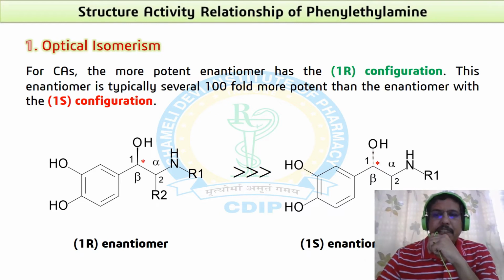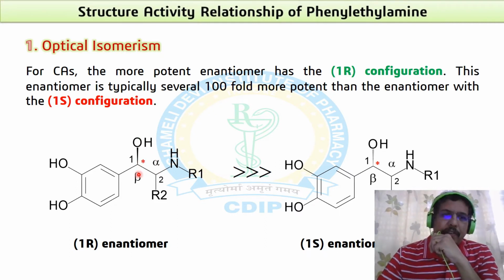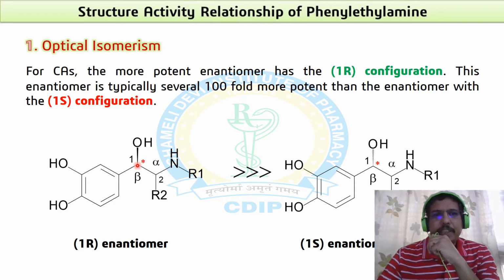So the S enantiomers are quite less potent as compared to the R enantiomer. Definitely the chirality at this center favors the R configuration.